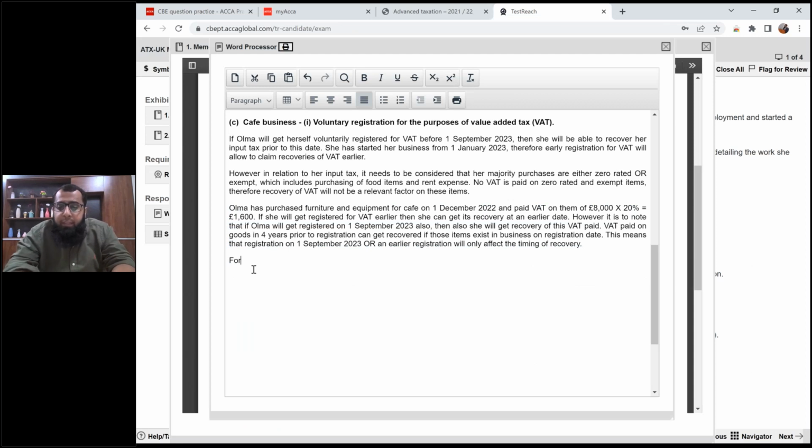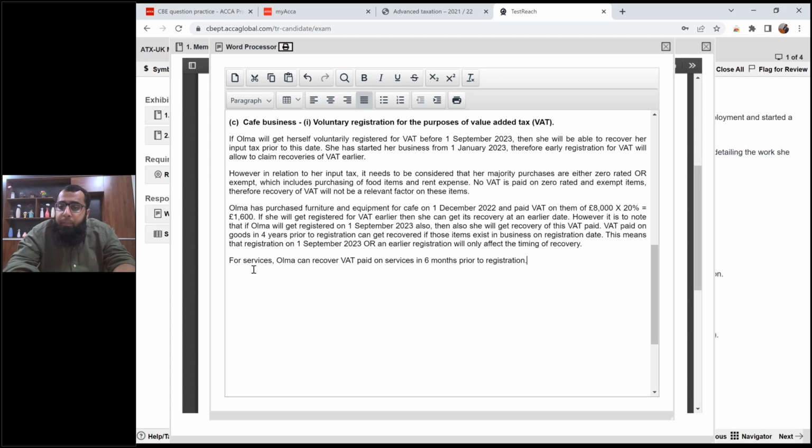For services, Alma can recover VAT paid on services in 6 months prior to registration.